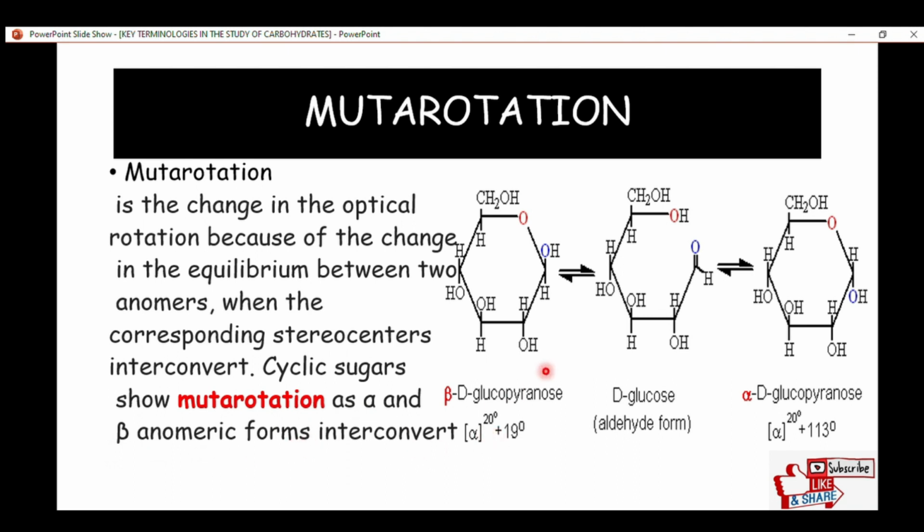When we mutarotate a beta-D-glucose, that means we are changing the beta-D-glucopyranose to an alpha-D-glucopyranose. So that's the basic terminology of mutarotation. We are changing the configuration, the anomeric form. If it's in the beta anomer form, then we are converting it to an alpha anomer form.